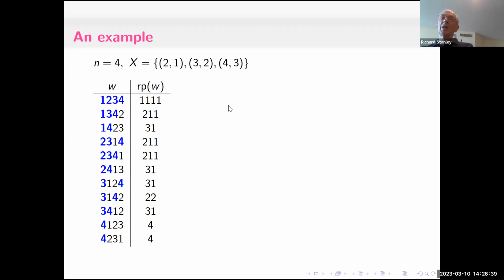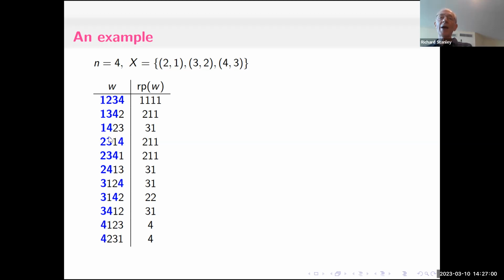But here, the UX will be the same. Anyway, here are the 11 permutations with X descent set that is empty. No integer i is followed by i minus 1.